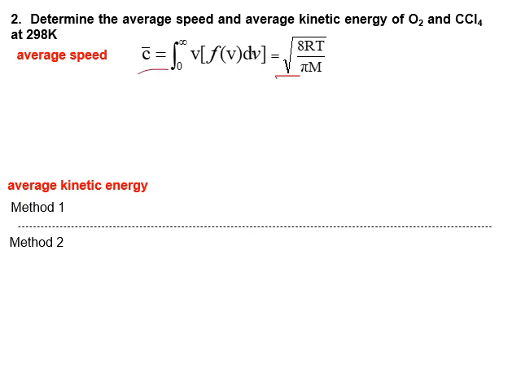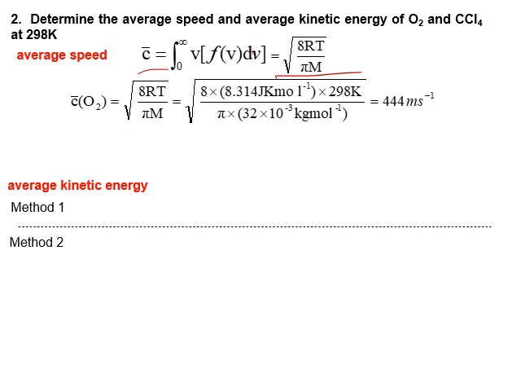Average speed is the square root of 8RT over pi M. For oxygen, the molar mass, if you look at the periodic table, oxygen is 16 gram per mole, but you need to times 2, so that gives you 32 gram per mole. In SI units, gram should be kilogram, so you times 10 to the minus 3, and temperature 298 Kelvin. You get 444 meter per second.